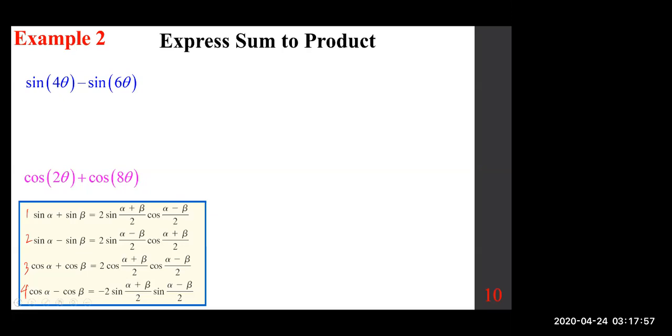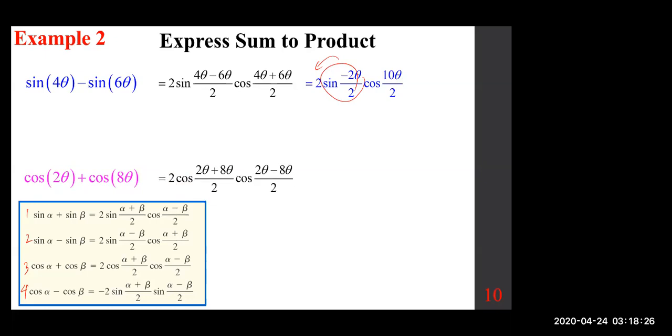Number 2. Just use number 2 and you're done. 2 times sine of 4 theta minus 6 theta over 2, cosine of 4 theta plus 6 theta over 2. Okay. And just simplify it. And remember with the sign, first of all, this theta is negative, and the negative comes out, becomes minus.